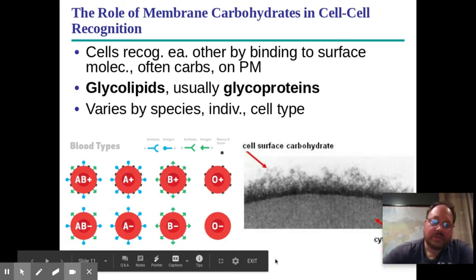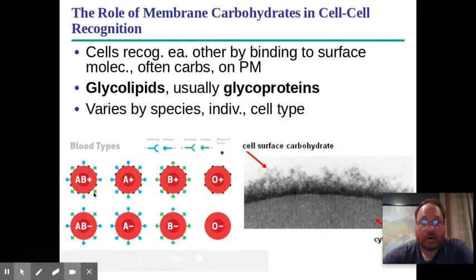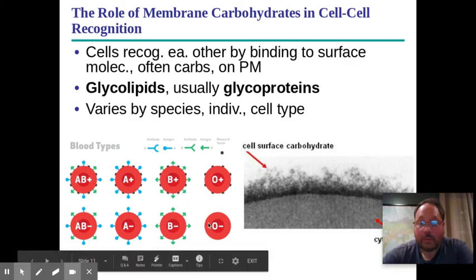If you have type A blood, that means you have the A marker on the surface of your blood cells. Looking here, A blood means you have the A marker, which looks blue. B blood means you have the B marker, which in this case looks green. If you have AB blood, that means you have both markers, the A marker and the B marker. And type O means you don't have any of those markers.